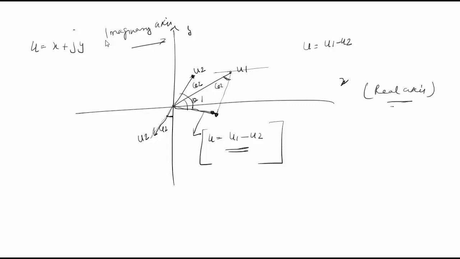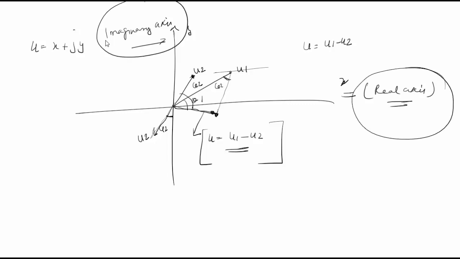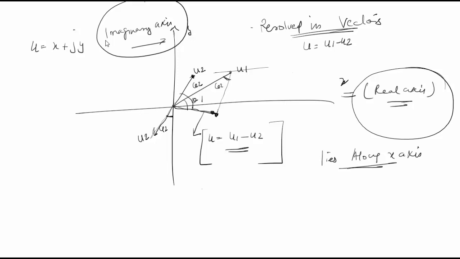When you have quantities which need to be resolved into vectors, it's possible to represent the vector components along the x-axis. For example, if you have a current given by a vector quantity which is 100 plus j800.